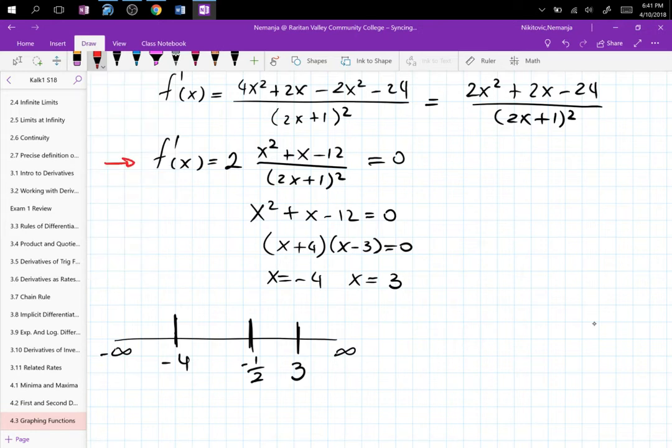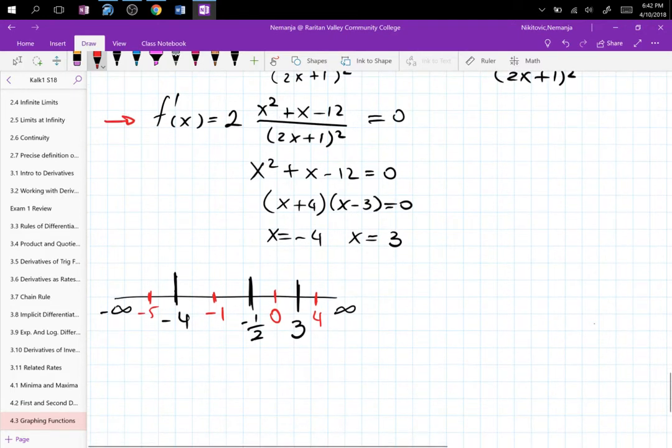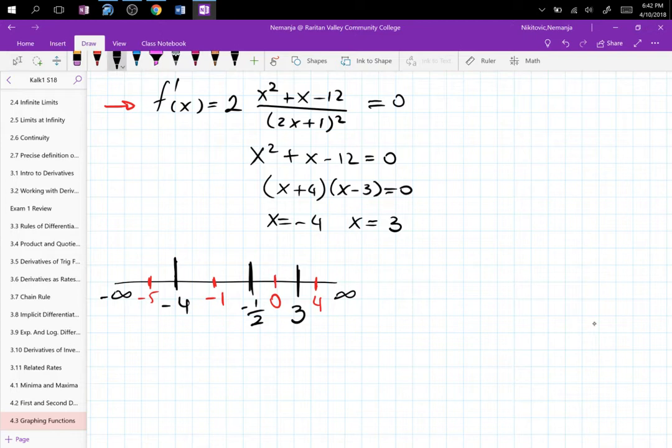That's 4 regions, right? 4 partitions. So test points: negative 5, negative 1, 0, which is between the negative and positive number, and then 4. We do the first derivative test for all of these, and you know what?